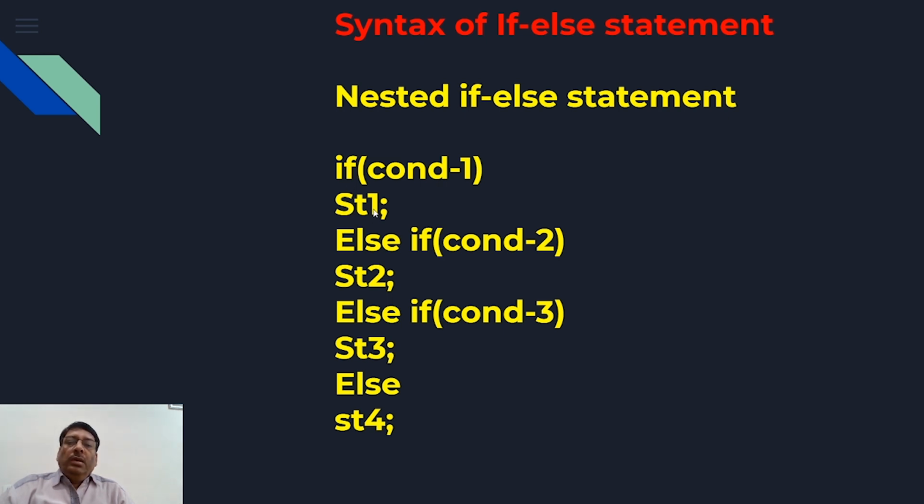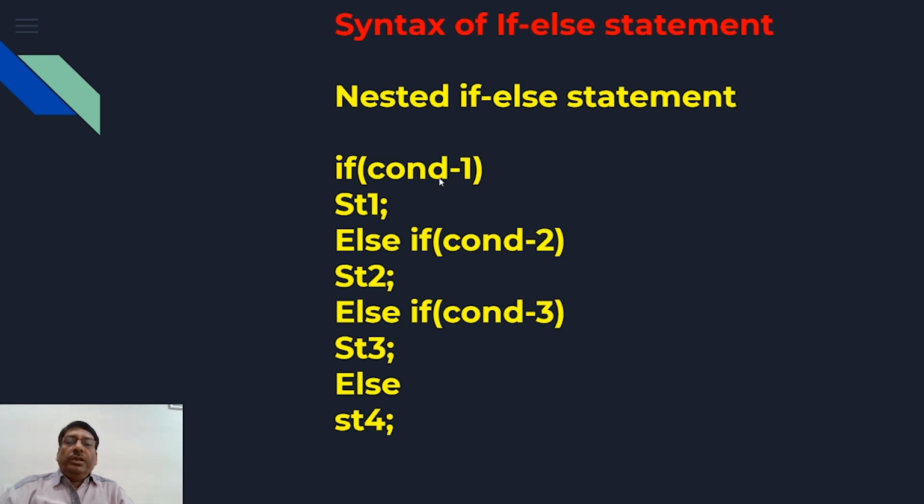That's it. If the first condition is false, only then it comes to the second condition, and if the second condition is true, it will execute statement 2. If the first condition is false and the second condition is false, then it comes to the third one, wherein it will check for the third condition, and if it is true, it will execute statement 3.